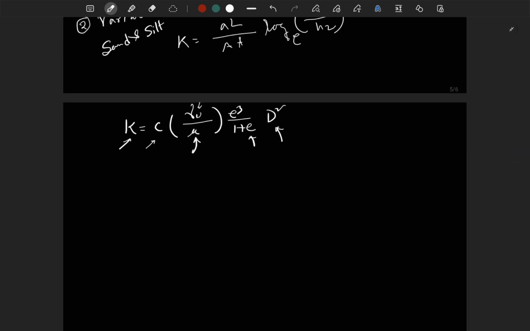If it is coarse grain then it is higher, and fine grain has lower particle size. So only remember this equation.